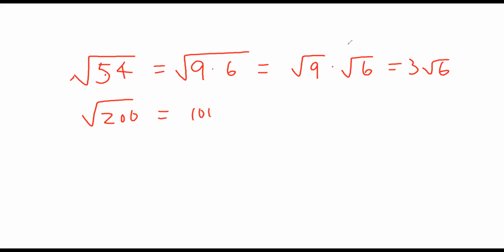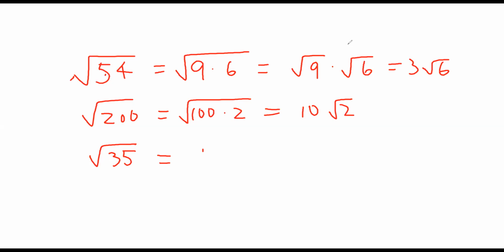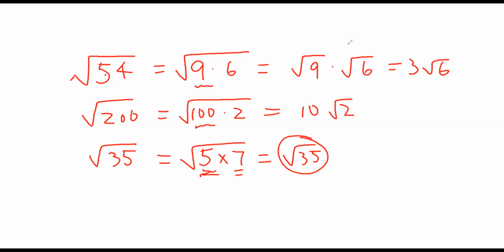This one you can write as 100 times 2, and you can get it here, right? What about this one? This one cannot be further factored, right? Because it's 5 times 7, and both are prime, and you cannot find any square number. It cannot be further simplified, it stays itself, right?